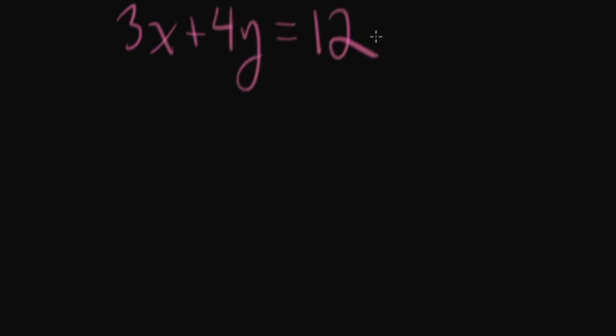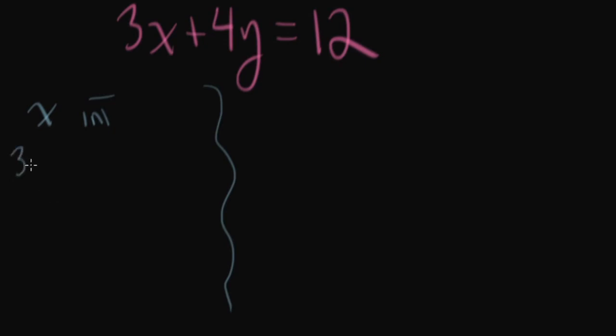So say you had an equation like this: 3x plus 4y equals 12, and you have to go and graph it. Now, you might think, okay, I'll just put it into slope-intercept form and graph. But if you use the intercepts, it's going to be pretty easy. For the x-intercept, y is 0.